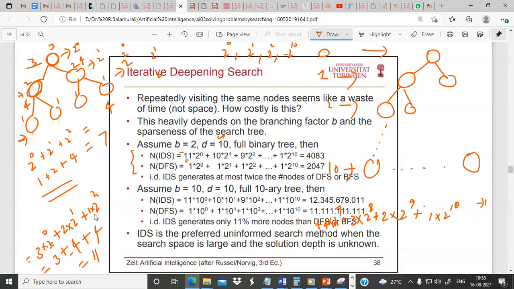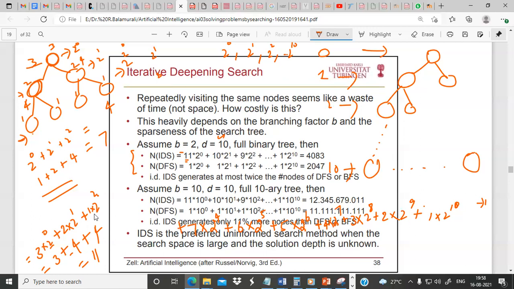Right? At the next level, we have 2 to the power 6 nodes, and they will be explored 5 times. At the next level, 2 to the power 5 nodes, explored 6 times. At the next level, 2 to the power 4 nodes, explored 7 times.